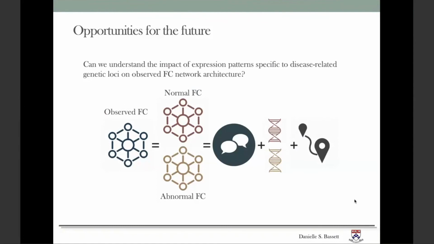So in particular, if we were to use, for example, the 108 schizophrenia genetic loci that have been published previously, would we find that a different pattern of functional connectivity is predicted from them versus the optimized gene set that was identified from healthy individuals? And if so, would we be able to combine the predictions of the disease-related genes and the non-disease-related genes and their impact on functional connectivity to better understand what we actually observe in the patient or in the patient cohort?